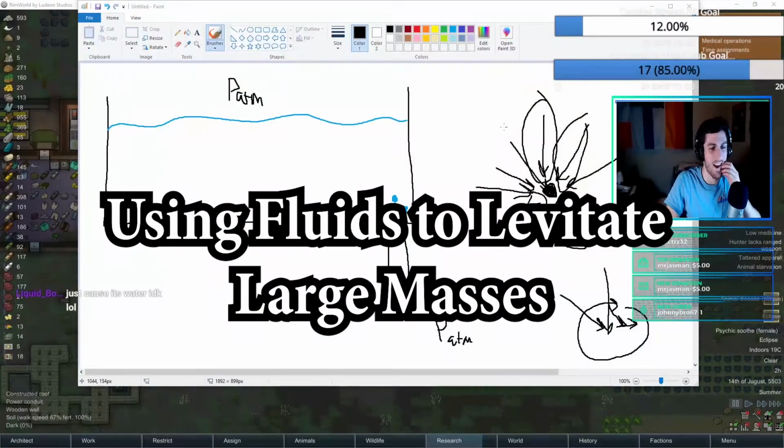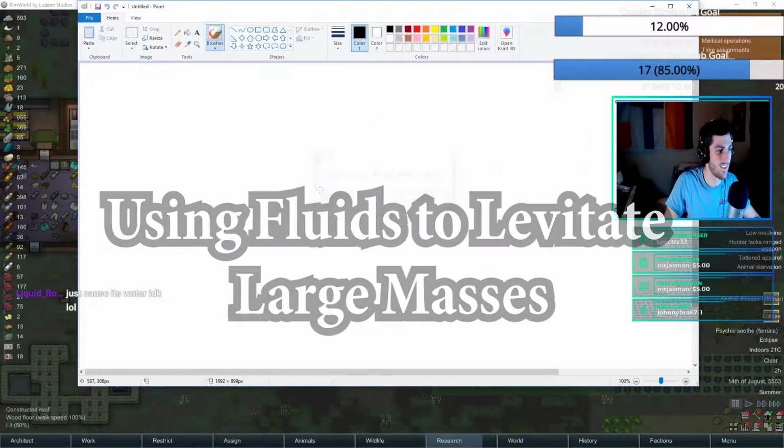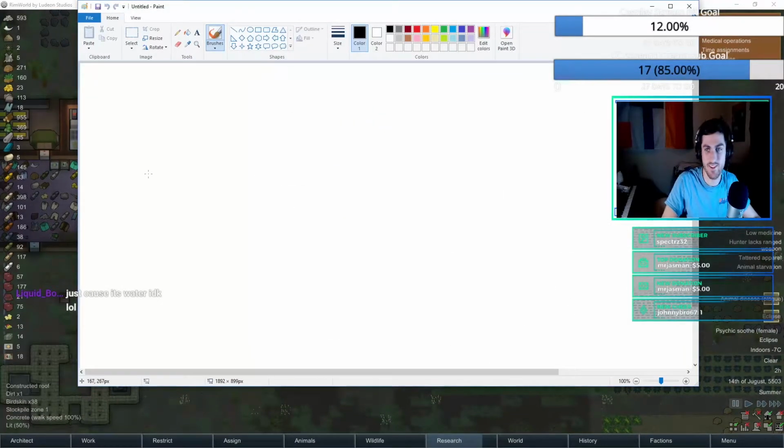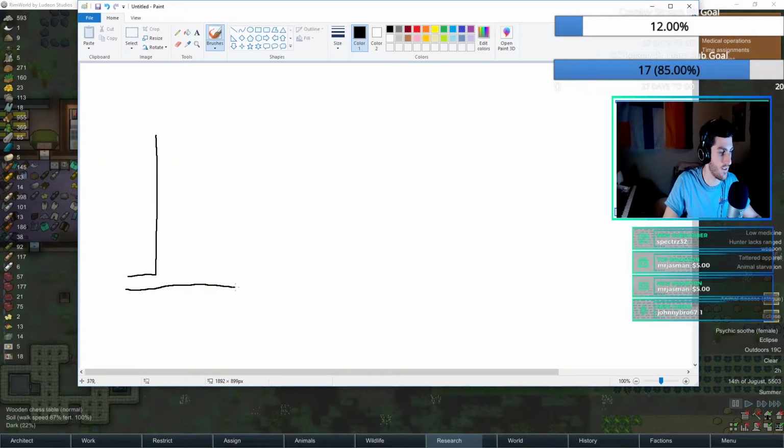So we were talking about bathtubs earlier in the stream. So let's clear this. Okay. So basically a drawing of what's happening here. Oh, whoops.